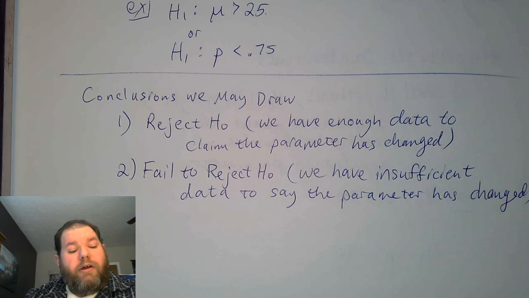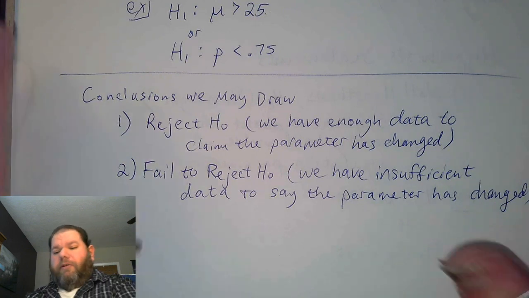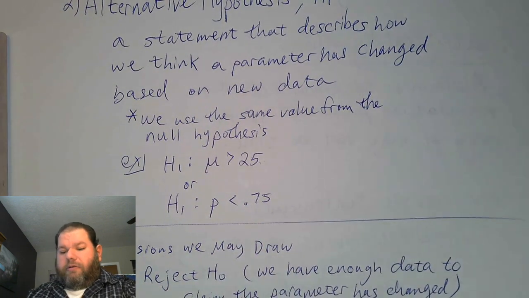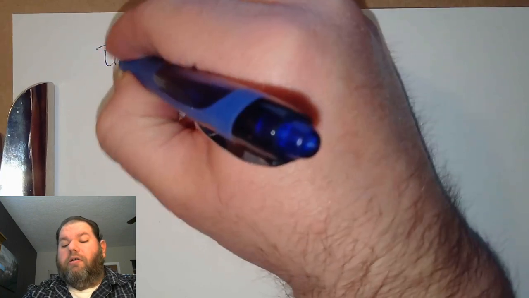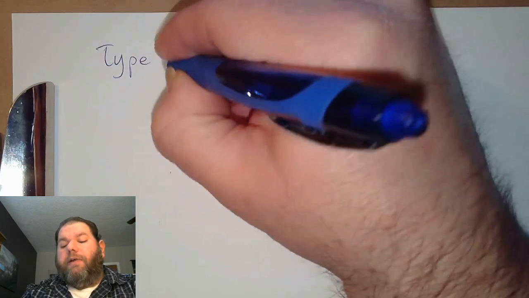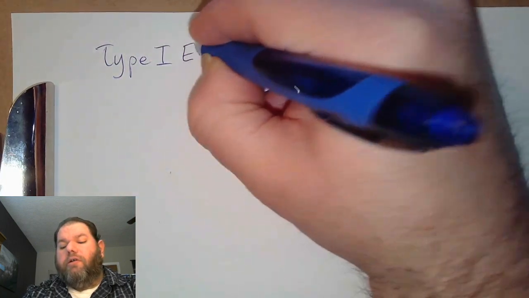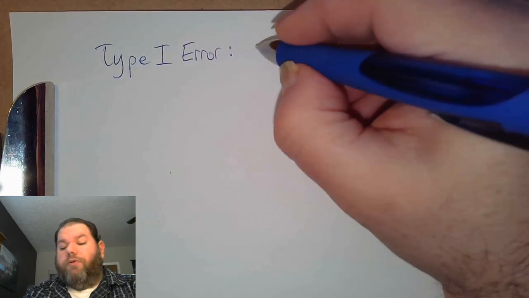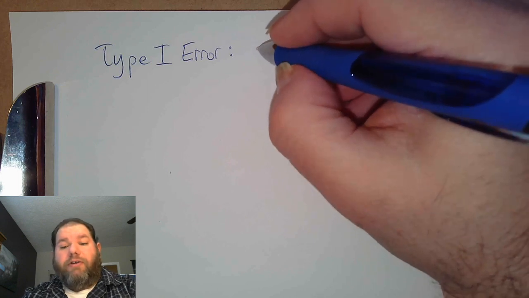So we have two types of errors. Let me go ahead and go to the next page for this one. We have a type 1 error. This is if we were to reject H naught when H naught is actually true.